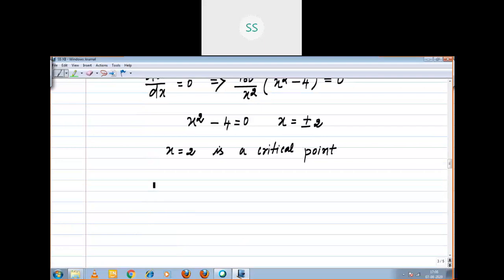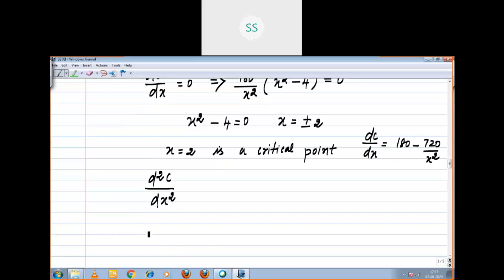Now d square C by dx square. dC by dx equal to 180 minus 720 divided by x square.